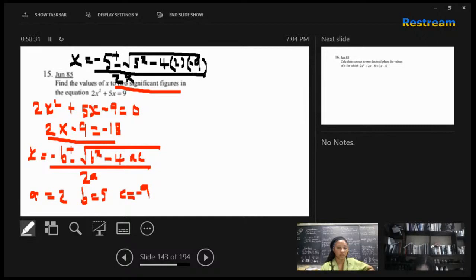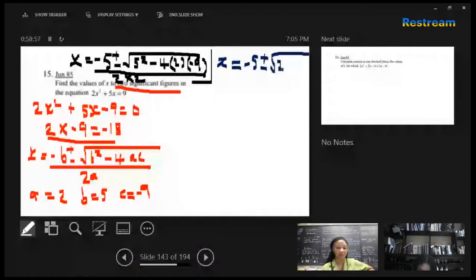So that would be x is equal to negative 5 plus or minus the square root of 25 minus negative 72, so 25 plus 72.